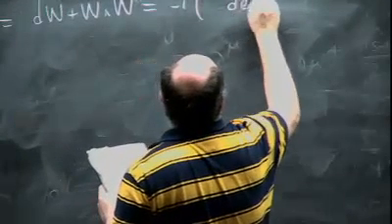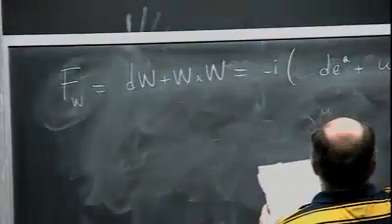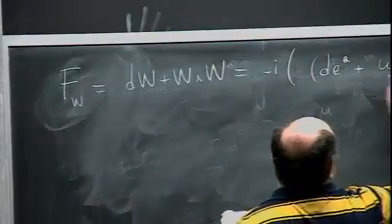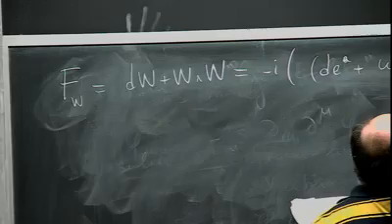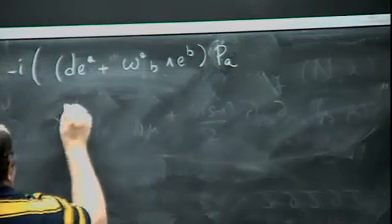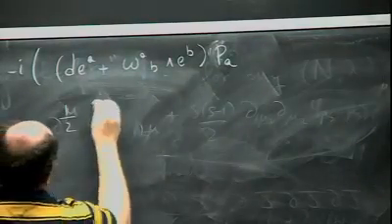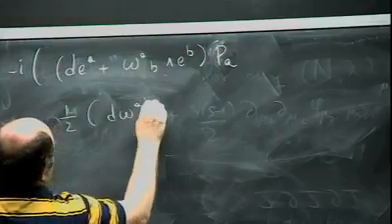Well, that curvature just reproduces the torsion and the Riemann curvature that appear in the Cartan structure equations. So if you do this calculation and group terms according to the generators, you get this structure.